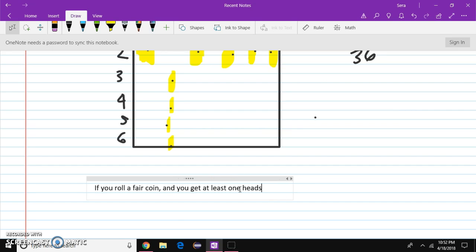I'm going to change the problem up. This problem my teacher showed. She showed it in our class, so it was good. So at least you get one heads.